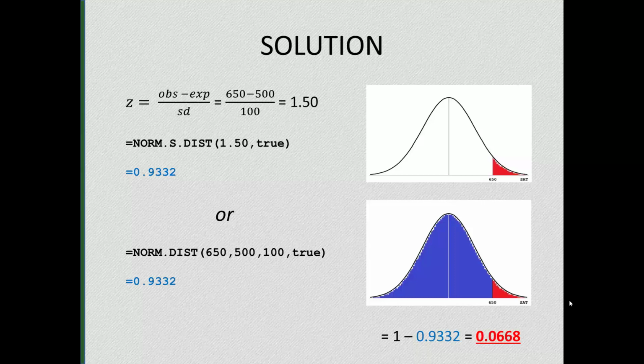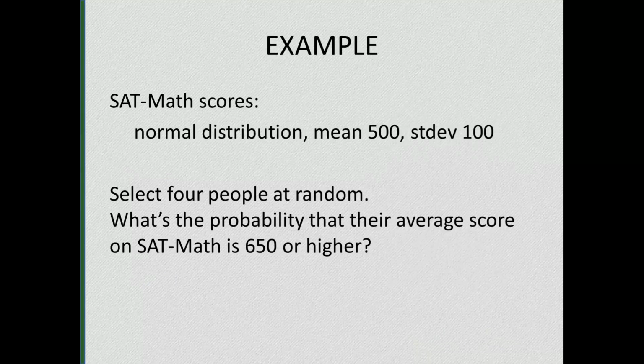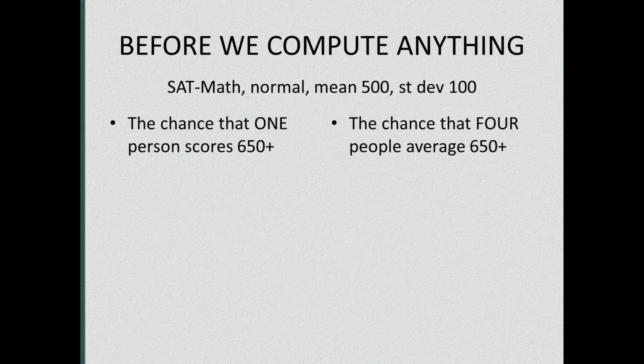So, second question, but related to this one. Same storyline, SAT math scores, but now we're going to select 4 people at random. What's the chance that their average score is 650 or higher? Now, before we compute anything, let's think for a minute here. A minute ago, we worked out the chance that 1 person scores a 650 or higher.